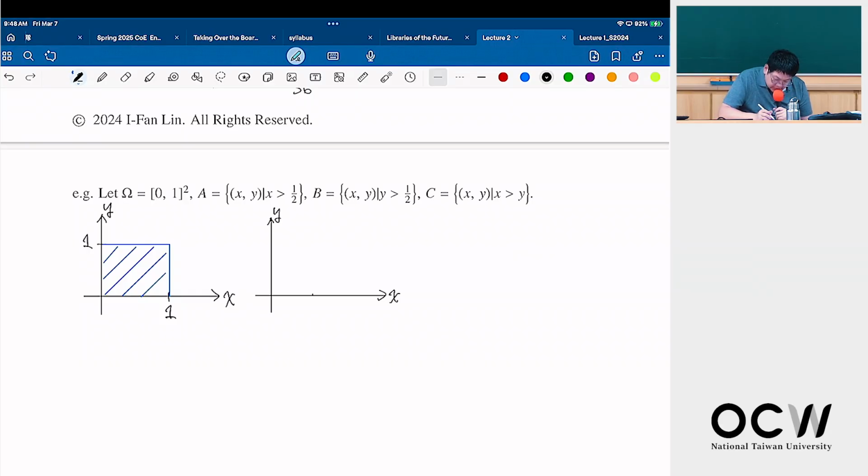It'll be 1/2, 1. And here is still 1. For A, let's use green.